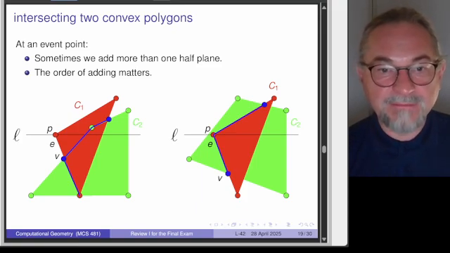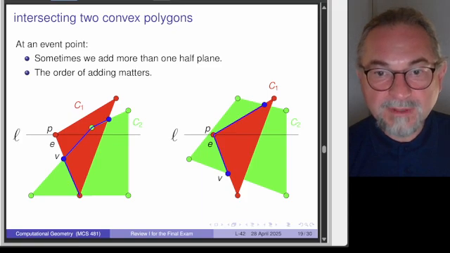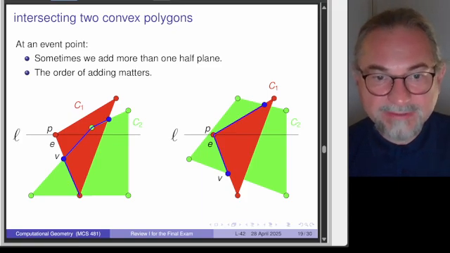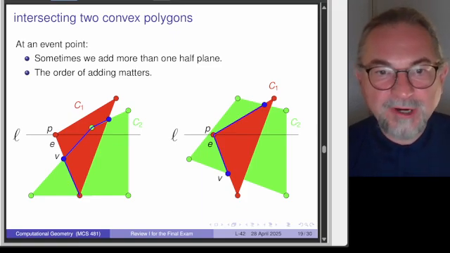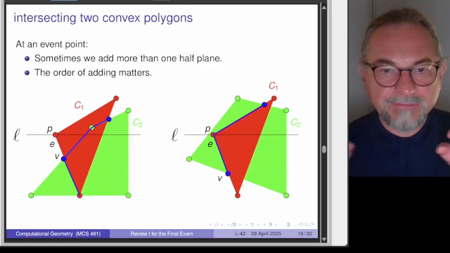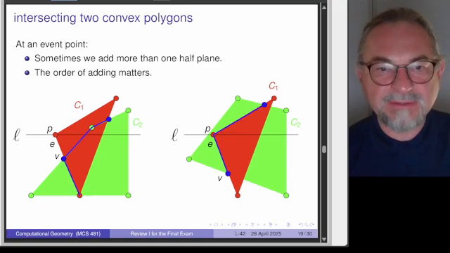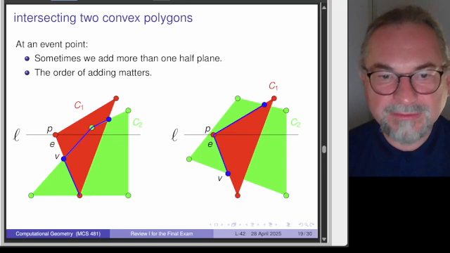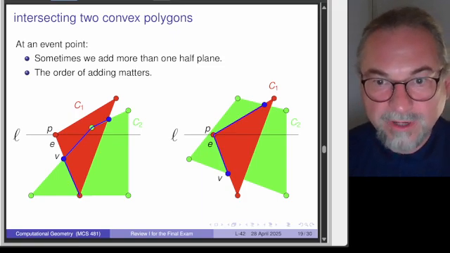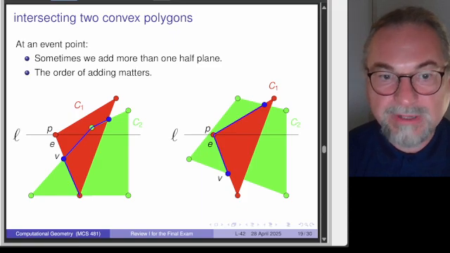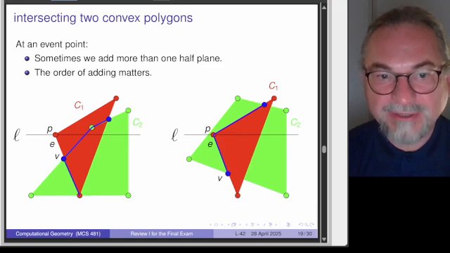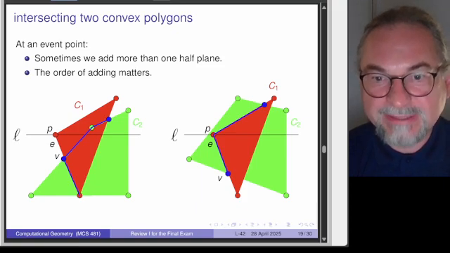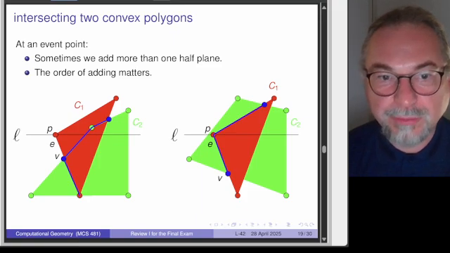So here we have a red region and a green region, and we are intersecting them. There are two different cases being considered here. It depends where the blue lines are; the blue edges define the intersection of these two polygons.